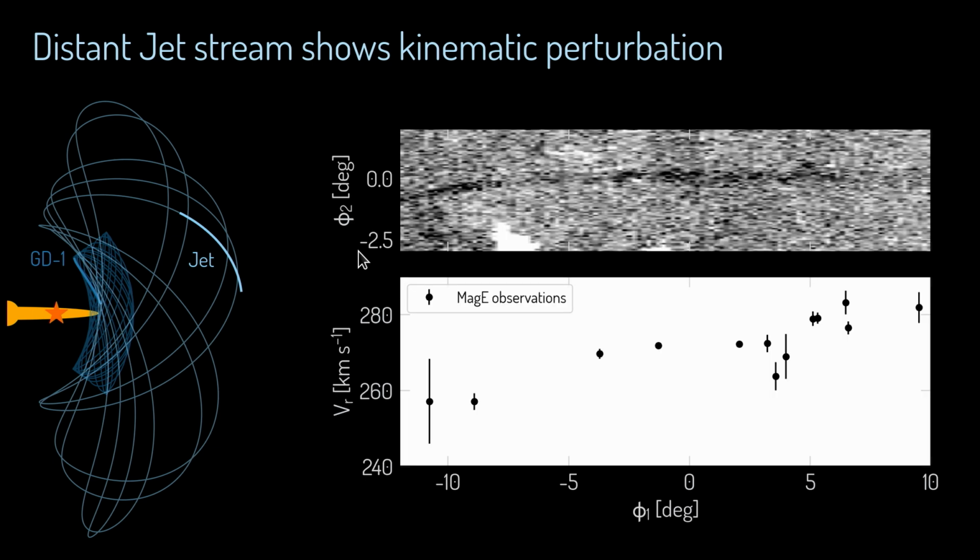So going back to this figure from Peter Ferguson's work, this is showing on top the density map, showing our best view of the Jet stream. So you can see there, in more detail, there are some wiggles over here. And to complement this, I've been taking MagE spectra and measuring radial velocities here in collaboration with Vedant Chandra, who is a Harvard graduate student working with Charlie.